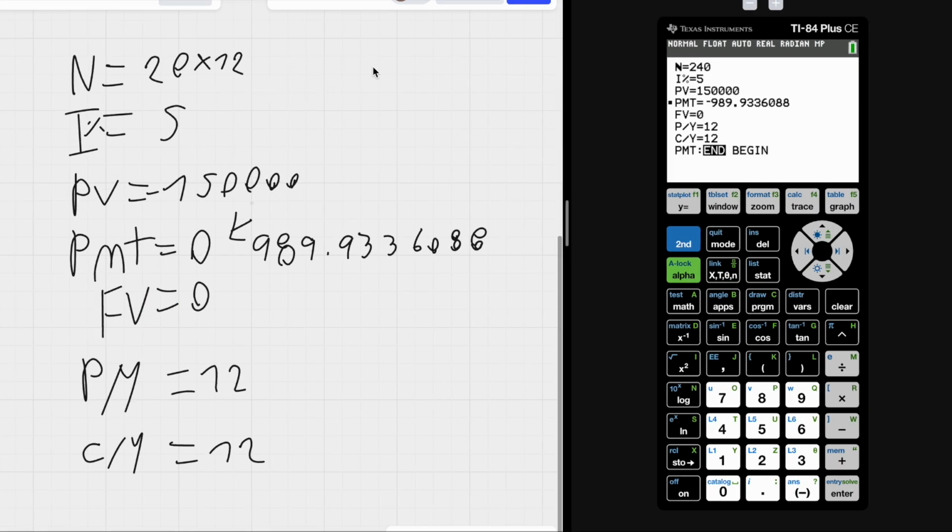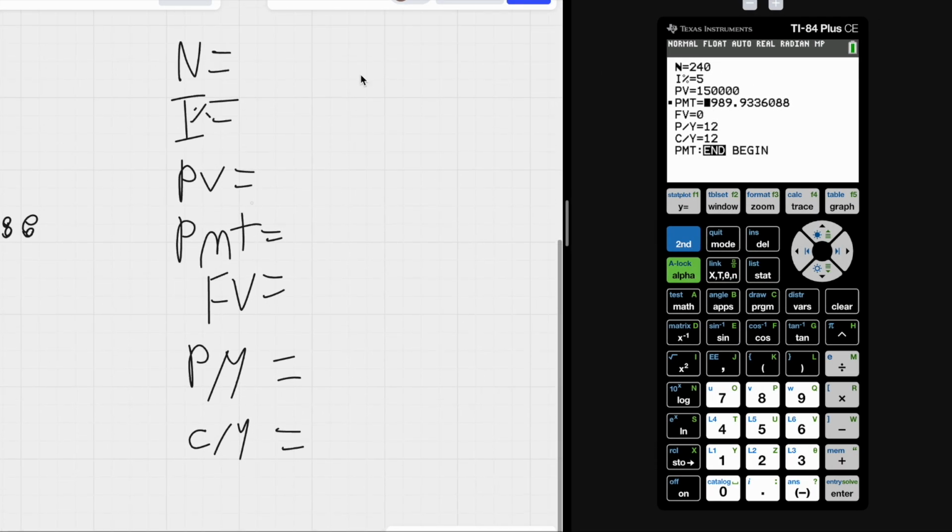So here we are going to change this value because it's no more 20, but it's 10 times 12, 5, present value is here, PMT 0, this is what we are going to solve, future value 0, 12, and 12.